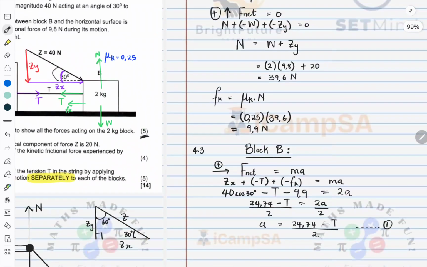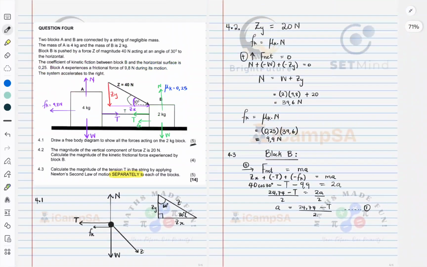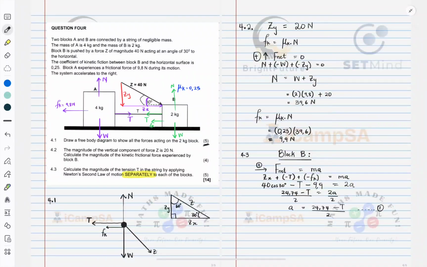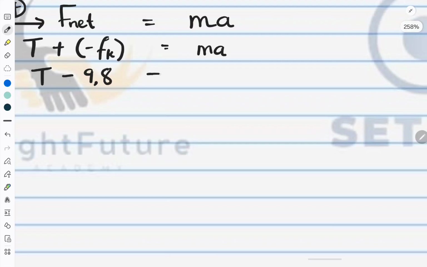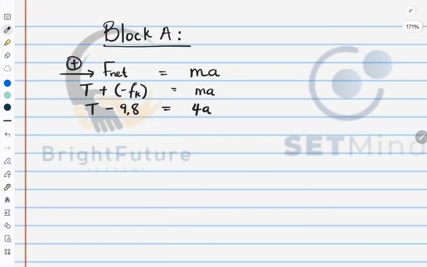What did we do here? Okay, it's 9.8 is equals to 4A. Right.